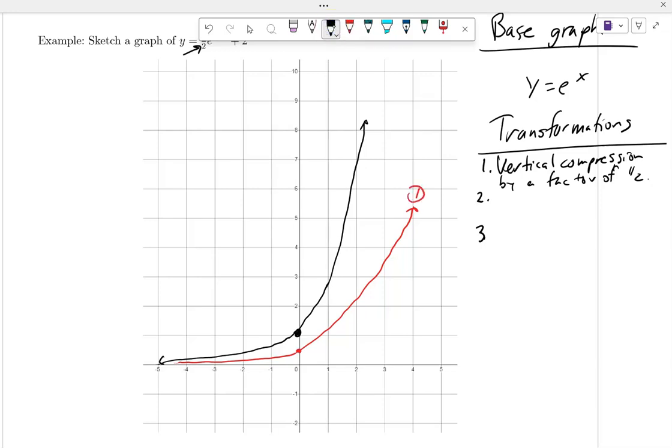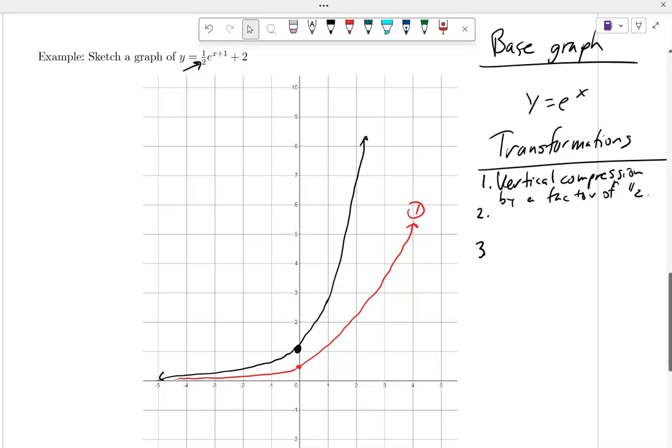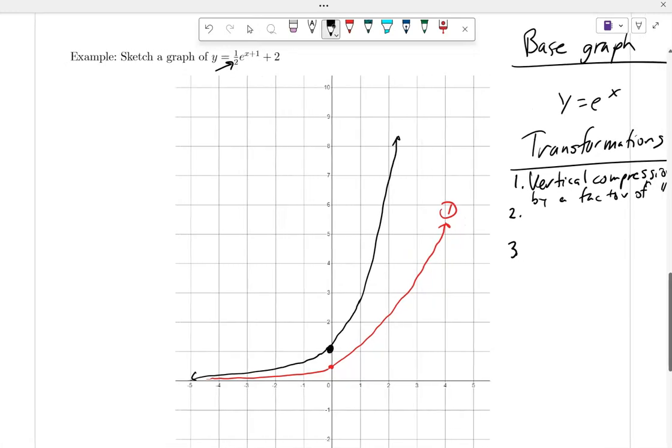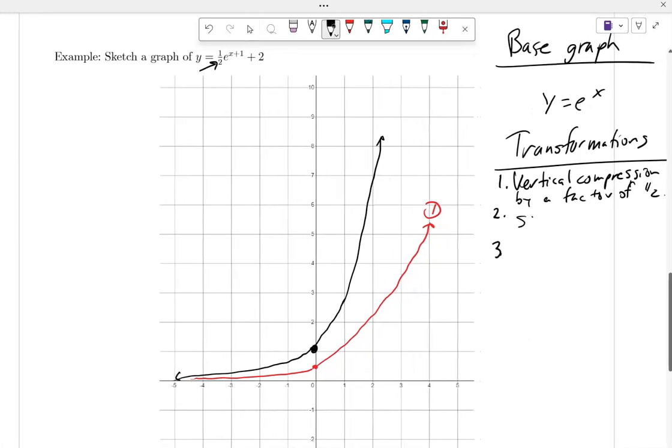Okay? What did the +1 do? Shift to the left. Good. That's on the inside. Remember again, we talked about this last time. It's in the exponent. The exponent is the inside of the exponential function.